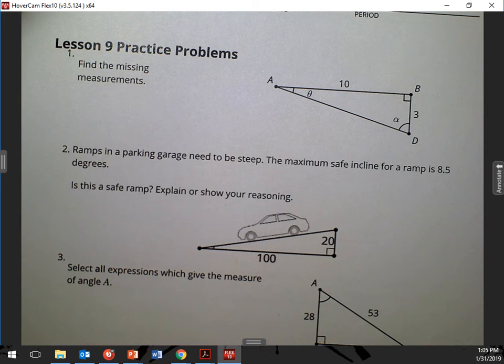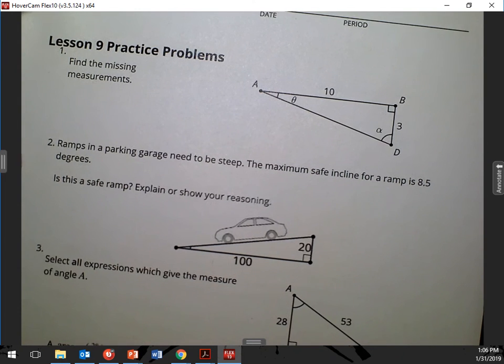If I'm looking for an angle, I have to use the inverse. If it says solve for the angle, you have to do the inverse. Every time it says solve the angle, you do the inverse.